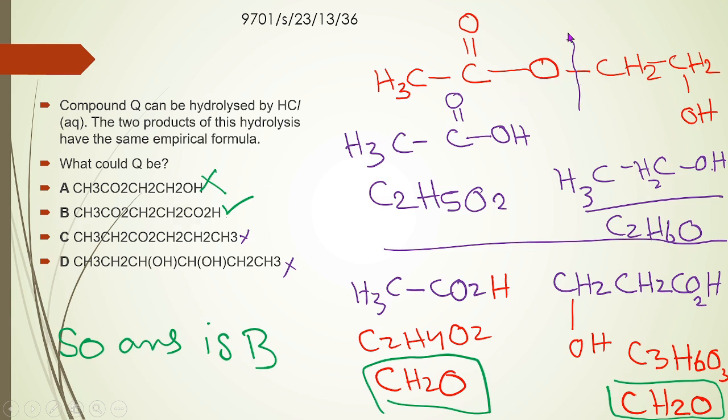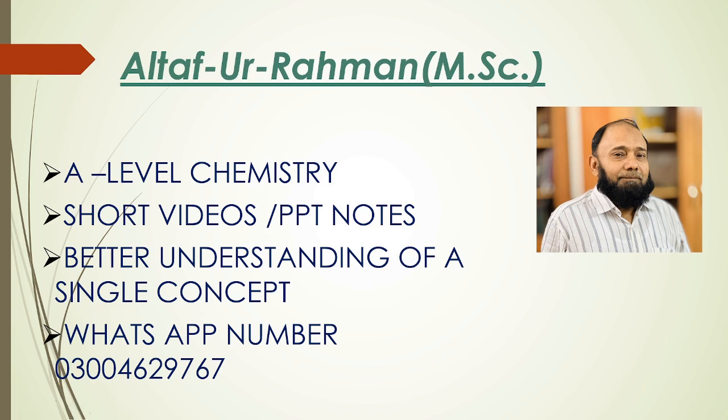You can see it is going to break down from here, and we add a hydrogen here and an OH on this side. So this is a simple breakdown, and here I add the hydrogen and here the OH, and C2H4O2, it is C3H6O3, but the empirical formulas are the same. So the answer is B.